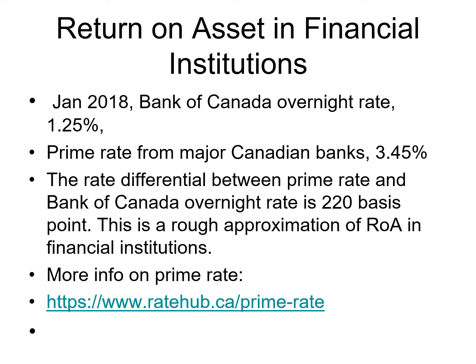This rate differential is 220 basis points. This is a rough approximation of return on assets in financial institutions. More information on prime rate can be found on the following website.